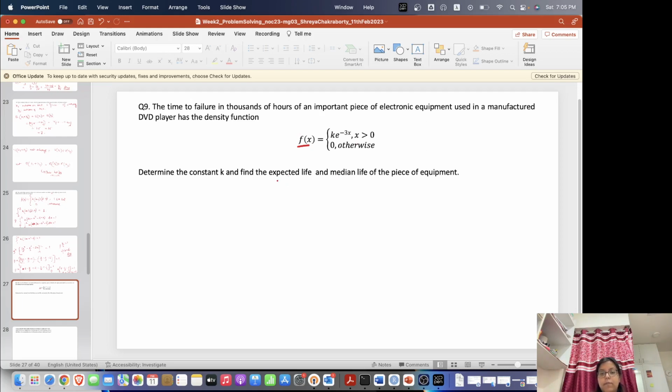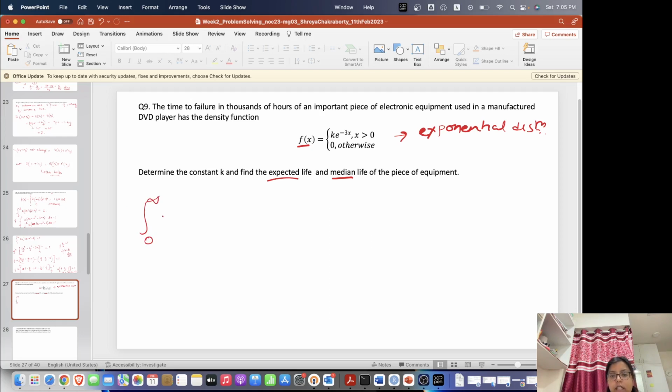So if you look carefully, this looks like an exponential distribution. But we'll just confirm whether it is an exponential distribution or not. Okay, so how we'll do it?